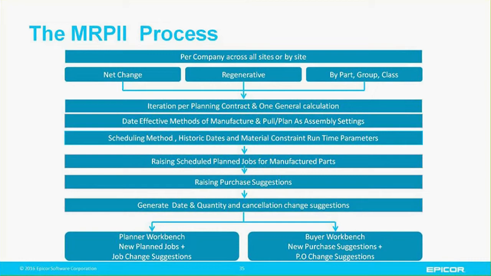MRP by part or product group or part class replans a subset of parts exploding down through all levels of the method below the parts specified in the process. The replanning process generates new planned jobs and purchase suggestions and change suggestions to existing firm and release jobs and purchase orders.